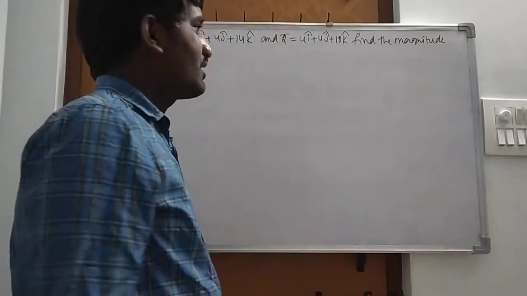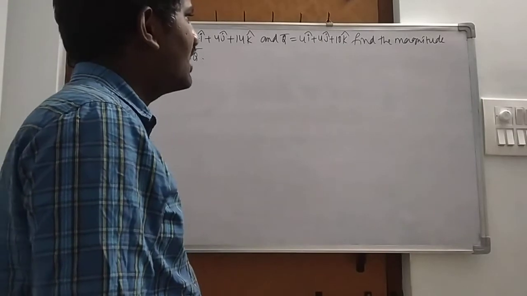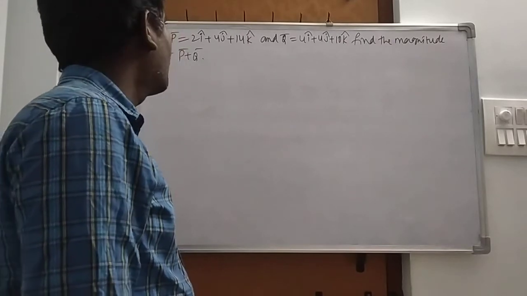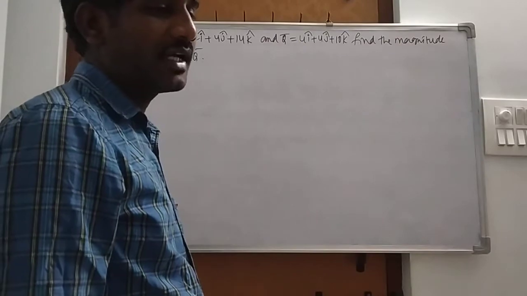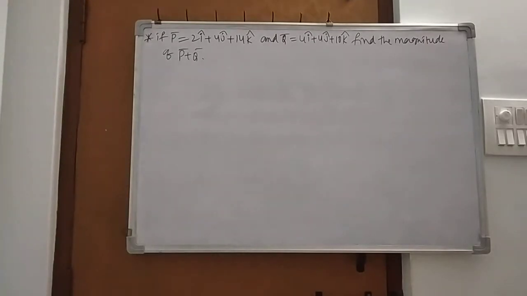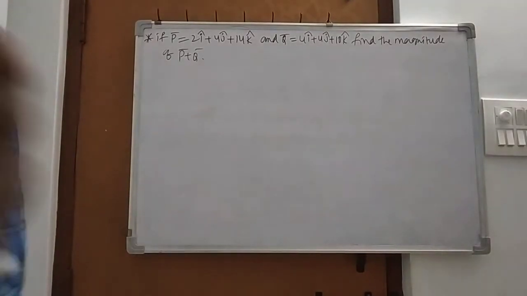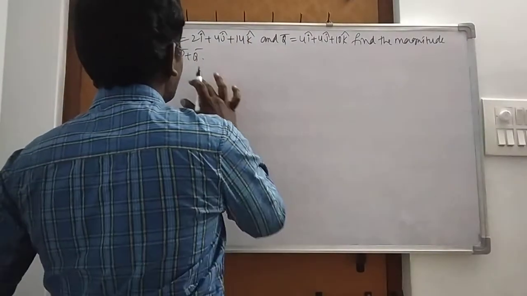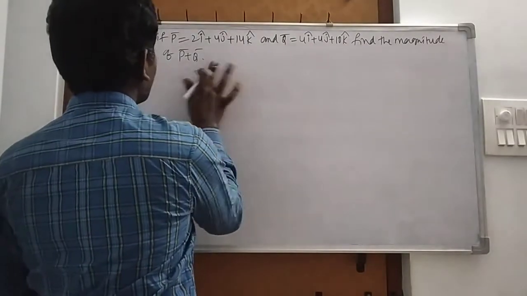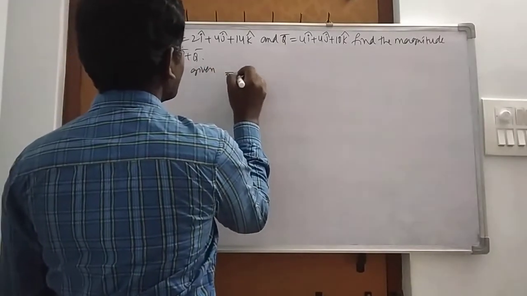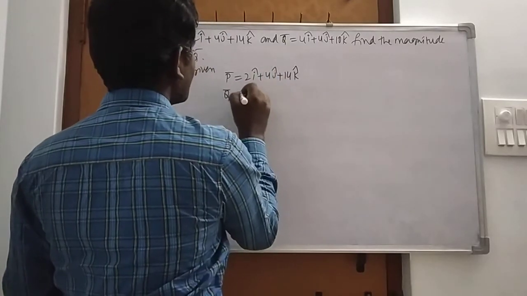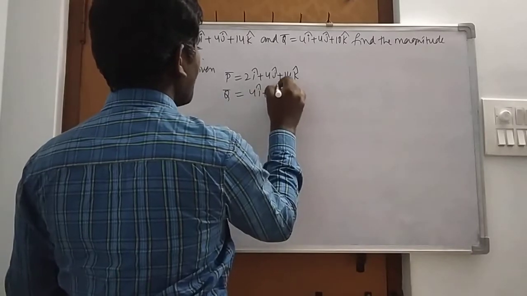Another question: if P is equal to 2i plus 4j plus 14k and Q is equal to 4i plus 4j plus 10k, find the magnitude of P plus Q. Before finding the magnitude of P plus Q, first write the given: P is equal to 2i plus 4j plus 14k, Q is equal to 4i plus 4j plus 10k.